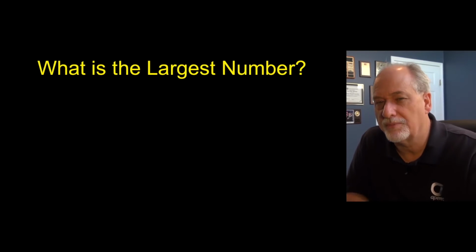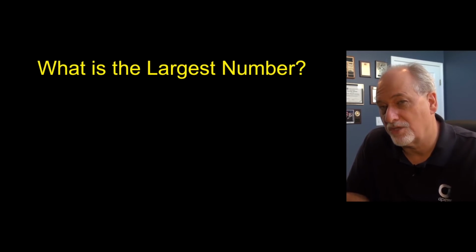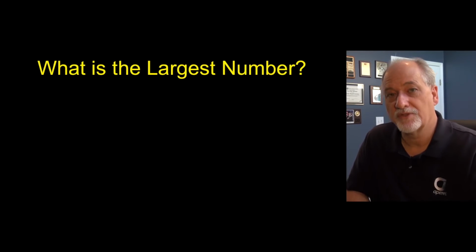Imagine I was going to show you thousands of numbers. I'm not, but imagine I was. How would you organize yourself so that for like an hour and a half, you could sit here as I showed you numbers and you keep track of the largest number that you've seen? Okay, so here we go.